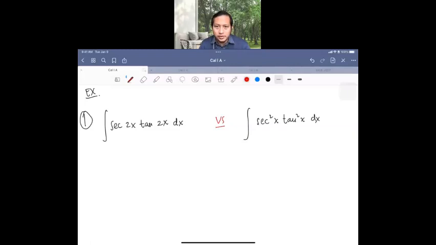What do you think? The left one or the right one is easier? Right. Okay. True. Yeah. Because you have the squared, right? You have the squared.